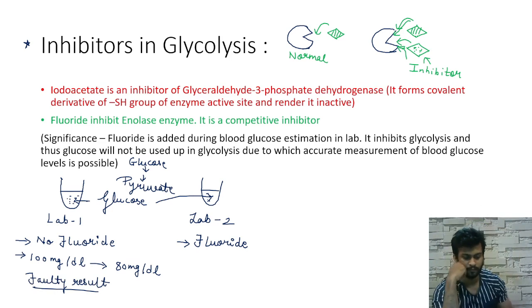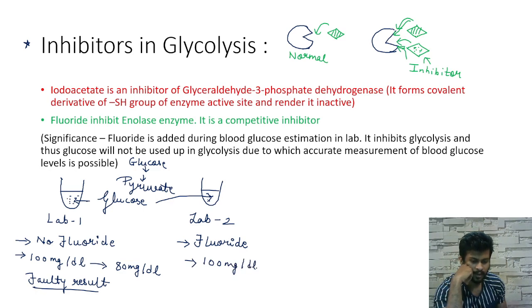But in lab 2, if initially the blood glucose level is 100 mg per deciliter, after some time also the blood glucose level will be accurate. Why? Because fluoride will inhibit glycolysis.